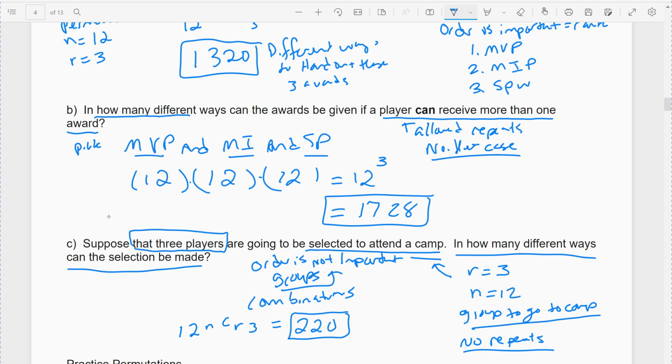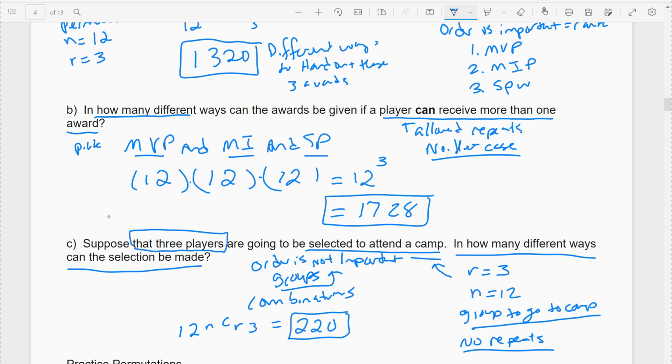No repeats because I need 3 people to go. So again, the combinations is the smallest group, and it's always the smallest group because you don't have repeats, and you don't have reordering. Alright, so you only have 220 different ways to select 3 groups where order is not important when you're selecting from 12.